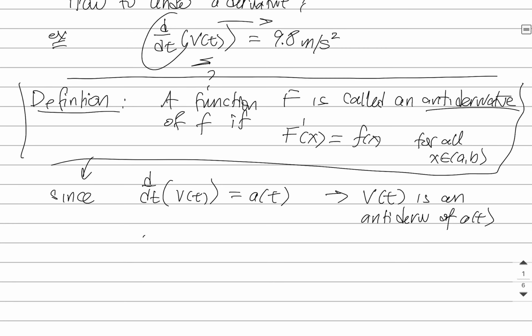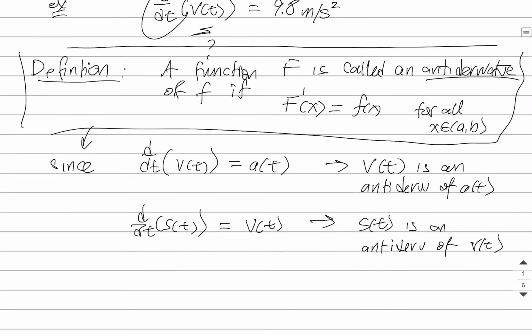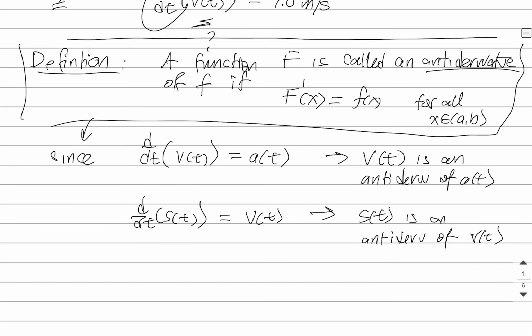Similarly, if the derivative of position is velocity, we'll say that position is an antiderivative of velocity. And to put this all together, we're going to come up with some nice notation that will really help connect things for us.